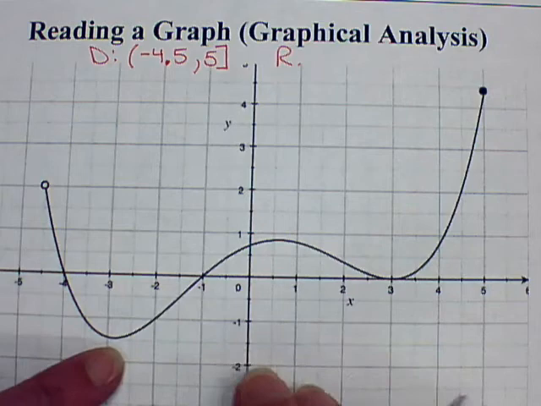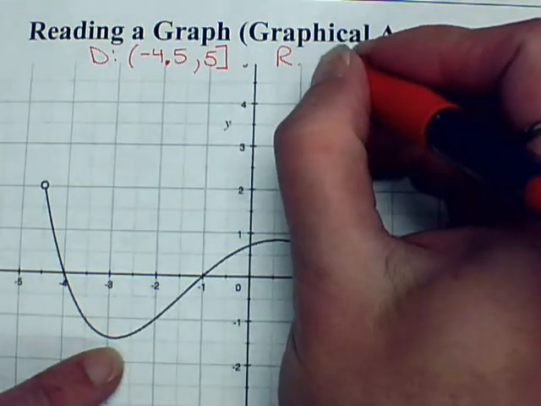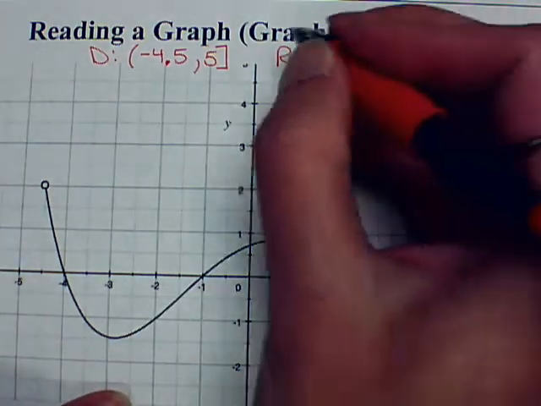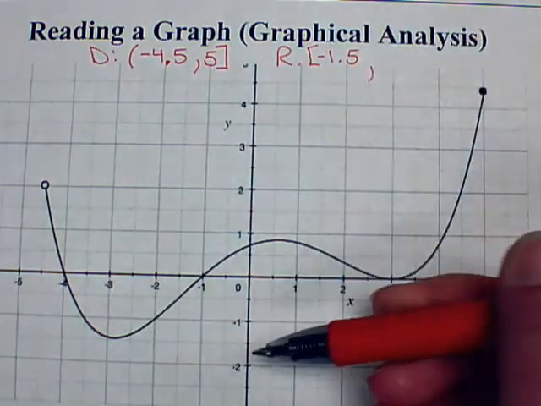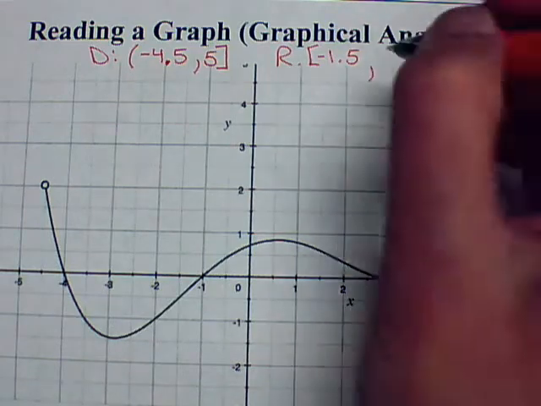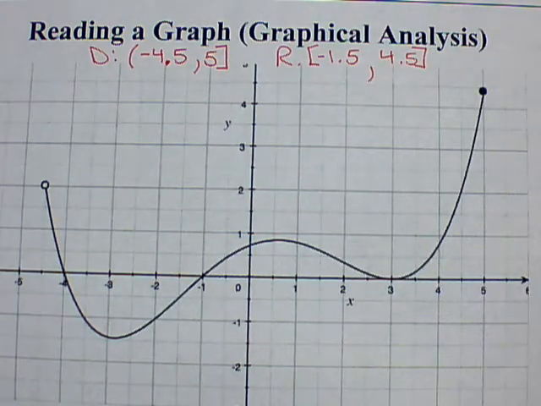That looks like negative 1.5. That is where it's going to start, and it may or may not include that point. Let's include it just in case. And then it goes up and up and up to here, and that's the last point we have, and that's 4.5. So that's how you can look at a graph and tell your domain and range.